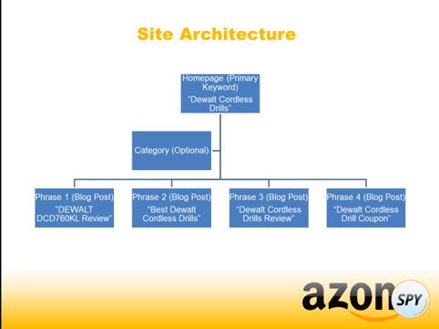And then when you're creating your blog post, you want to optimize each blog post for a specific phrase. As you're doing keyword research and you're pulling out all these different keywords that are getting searched, you want to create content that's optimized for each phrase. You'll notice here from left to right, phrase 1 is DeWalt DCD 760KL review.